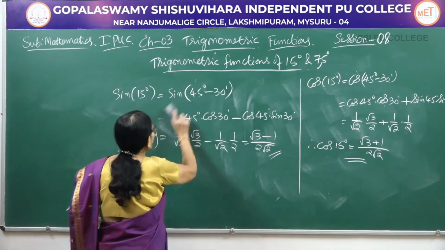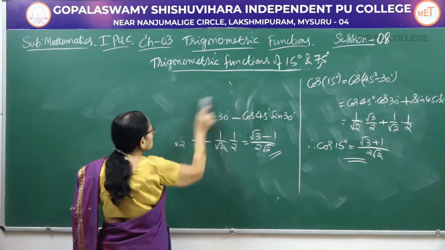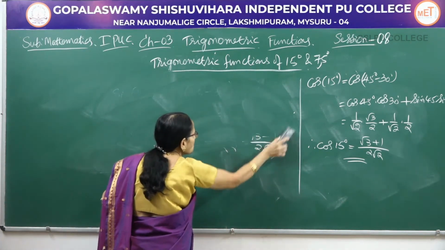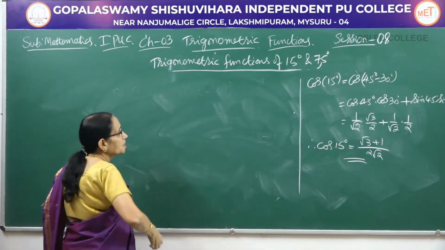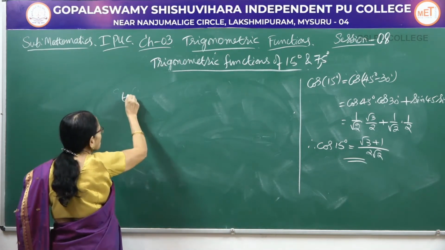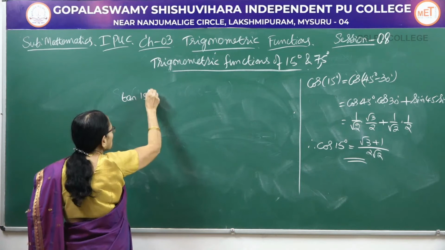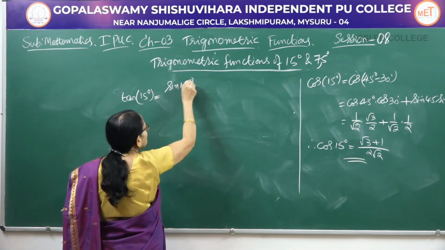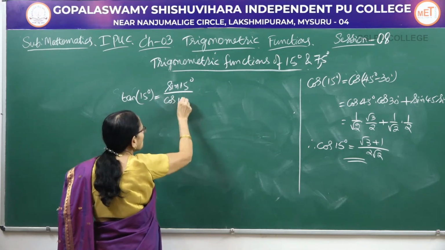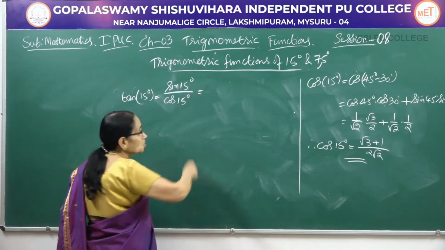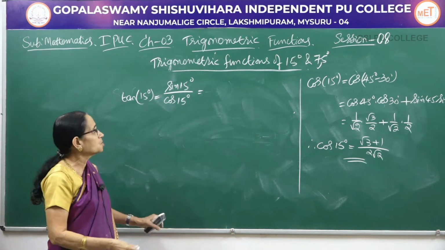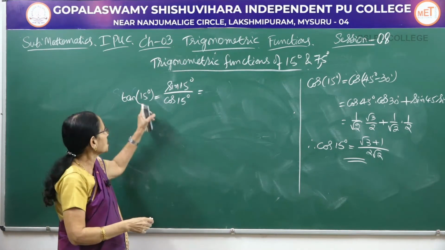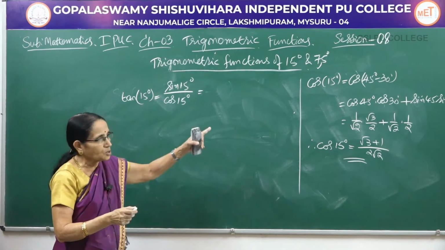So to get the value of tan 15, what we have to do? Same procedure. Write it as sin 15 divided by cos 15. So tan 15 equals sin 15 degrees divided by cos of 15 degrees. See, I told you the other procedure. You can use a formula. This can be written as 45 minus 30 as we did here.